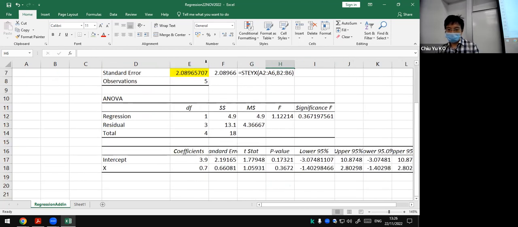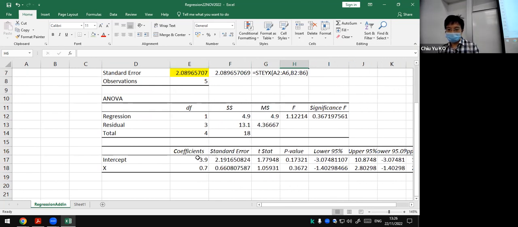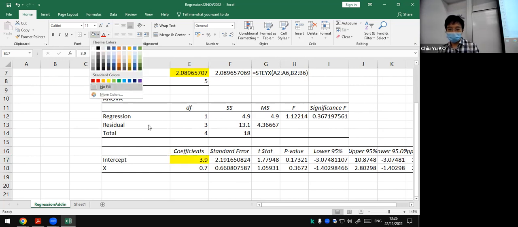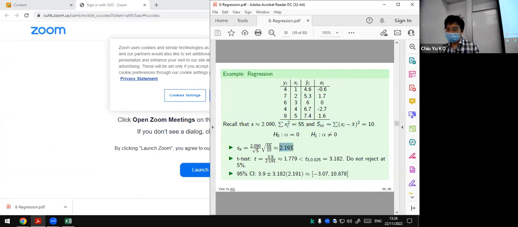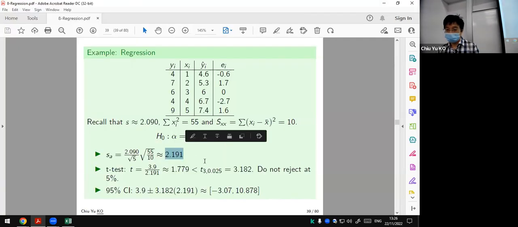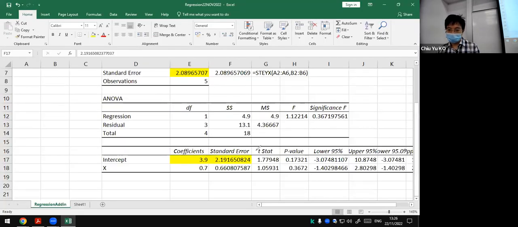But you will see what we have just done is we have this intercept, right? This is this intercept, right? And this 2.19 is here. Okay, this is the error here, right? This is 2.191. Okay, see SA. Maybe you want to write this as SA, right?